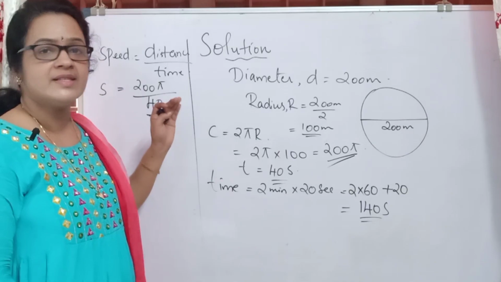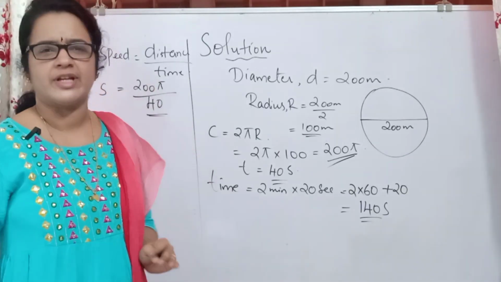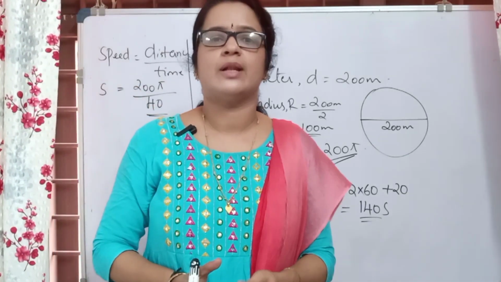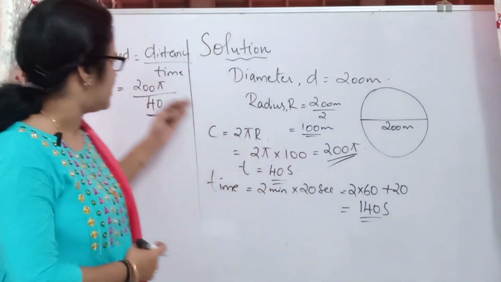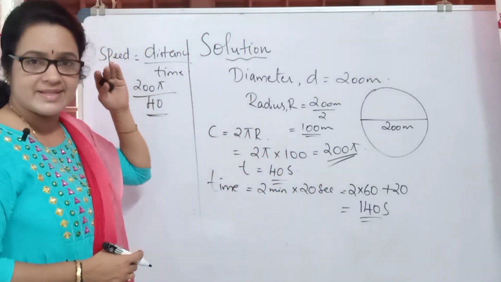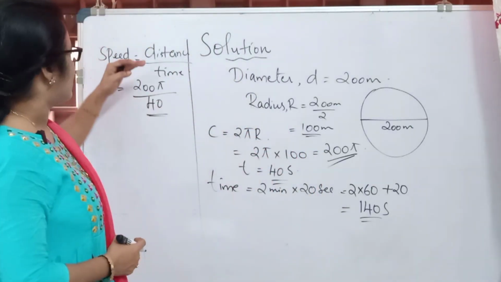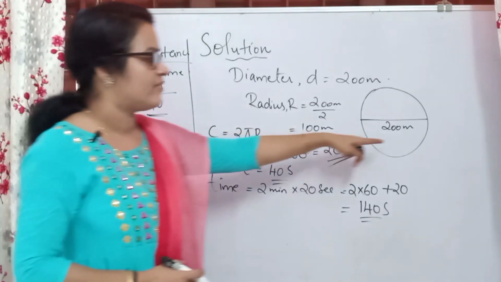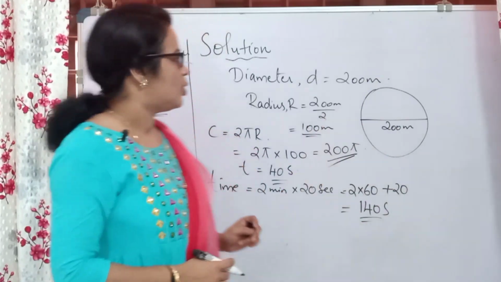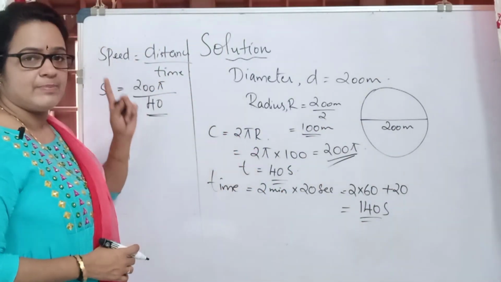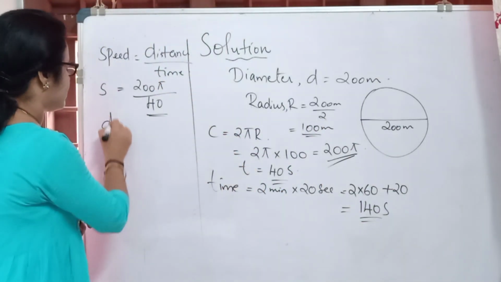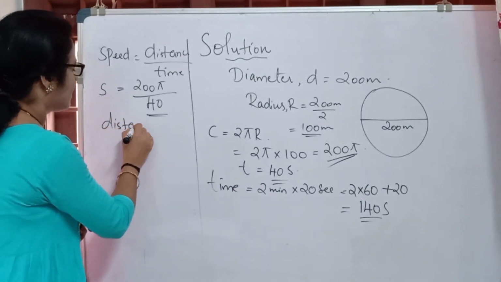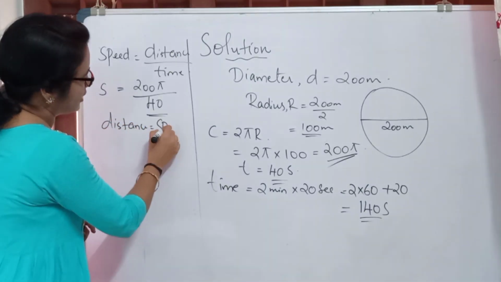So that speed is 200 pi divided by 40. This is the simplest method to calculate the distance. From this equation, can you calculate the distance? The distance will be speed into time. The speed will always be the same here, right? So the distance can be calculated by using the equation distance is equal to speed into time.